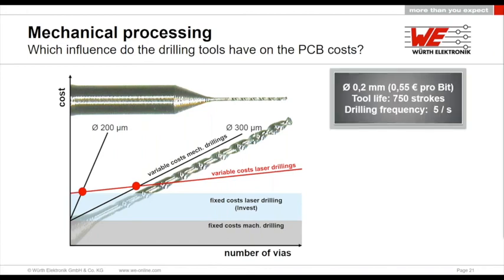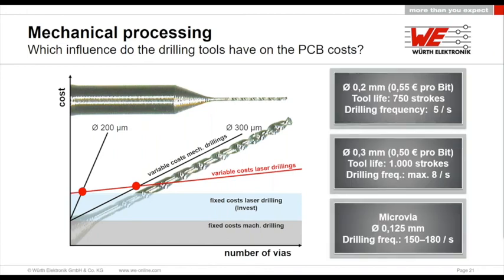Because as you have already seen, such drill tools have a specific cost, a specific drill life, plus, what I didn't show you, a specific drill frequency, so how many hits per second can be done. And this sums up in the overall process cost, because the lower the drill frequency, the longer those panels are placed on the table of the machine.